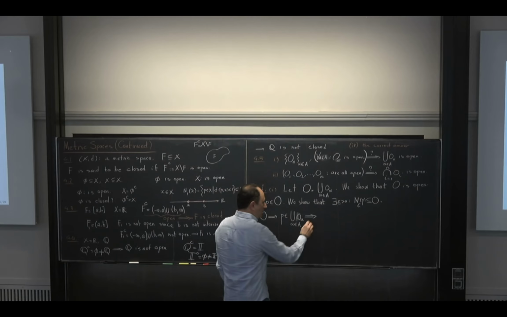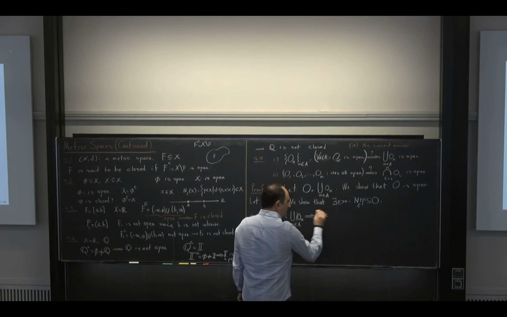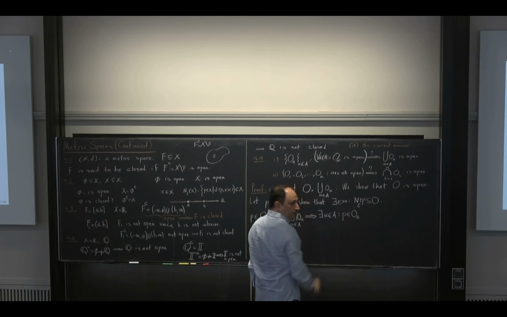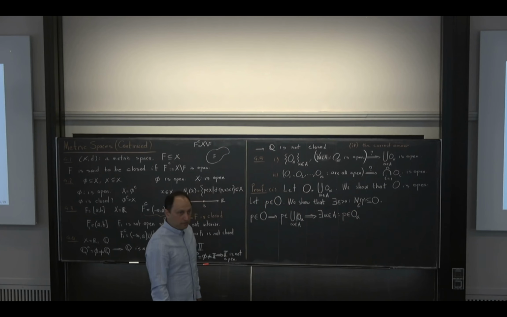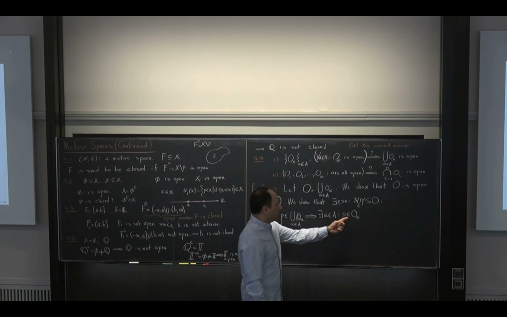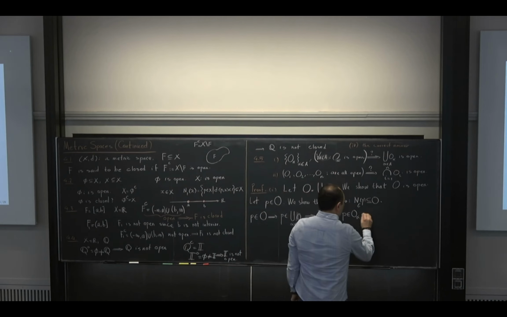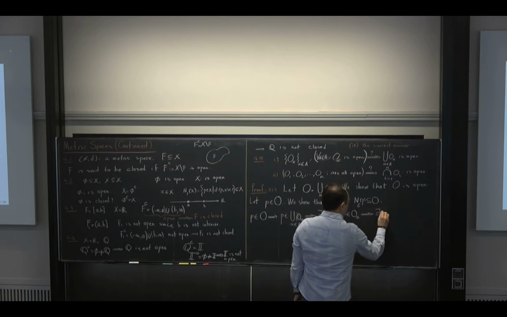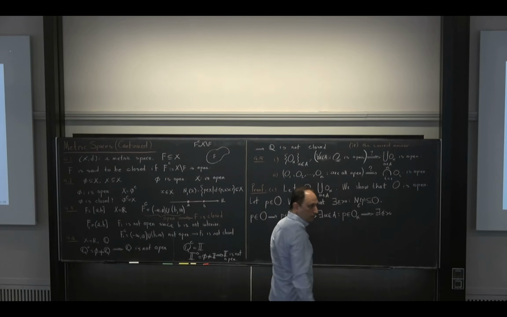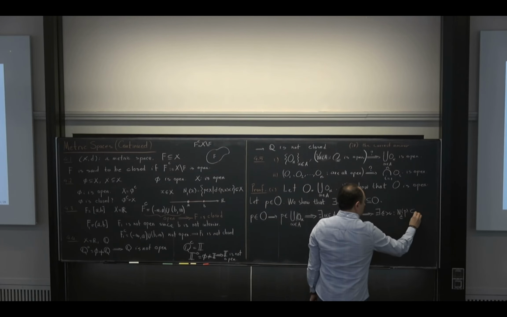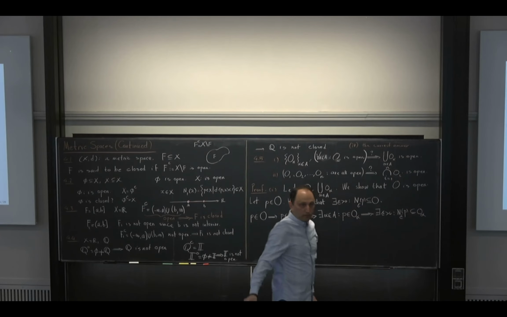It means there exists an index alpha in the index set such that P belongs to O alpha. Do you agree? But now, what type of set am I facing? It's an open set. So what can I conclude? I can conclude there exists an epsilon greater than 0 such that N(P, epsilon) is a subset of O alpha. Yes?